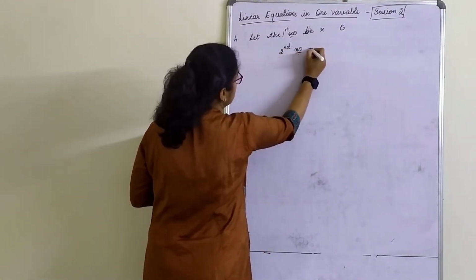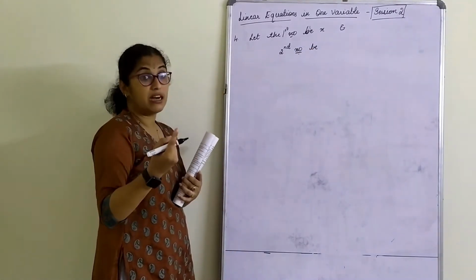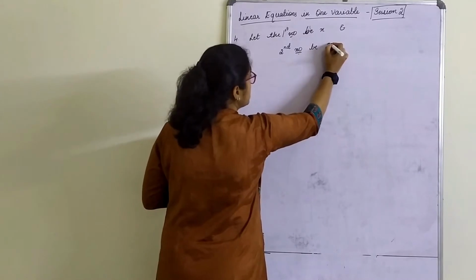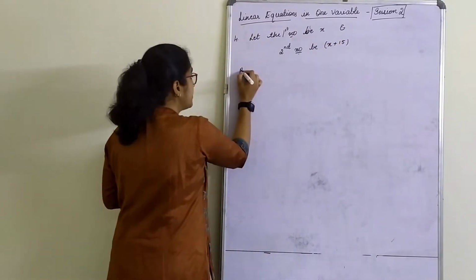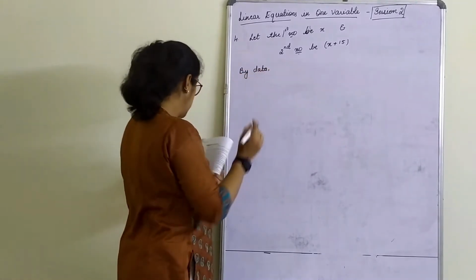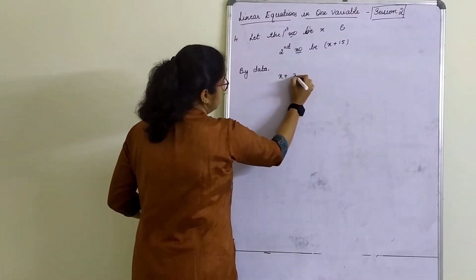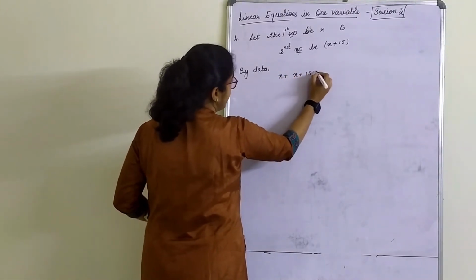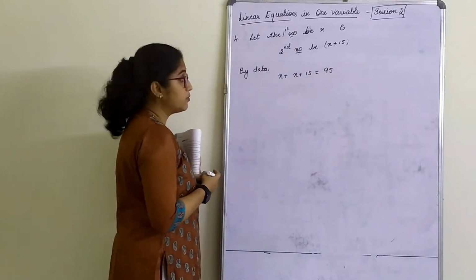What I have given, if one number exceeds the other number by 15, so the second number is x plus 15. So by data, the sum of both the numbers is given as 95. x plus x plus 15 is equal to 95. That is what we write.